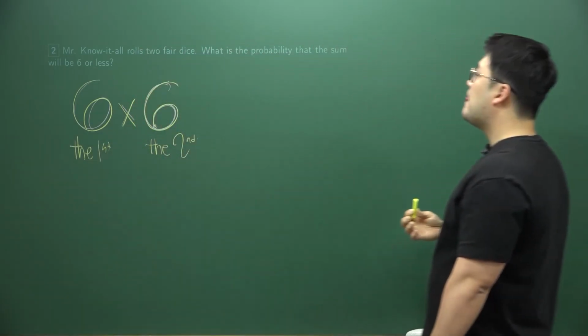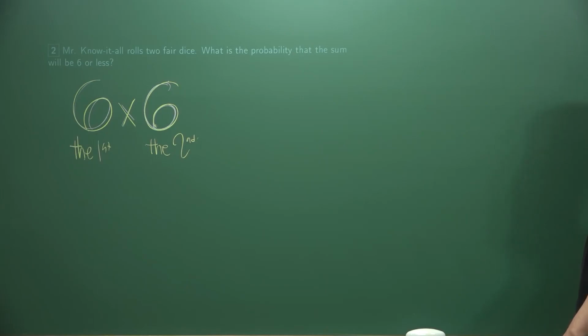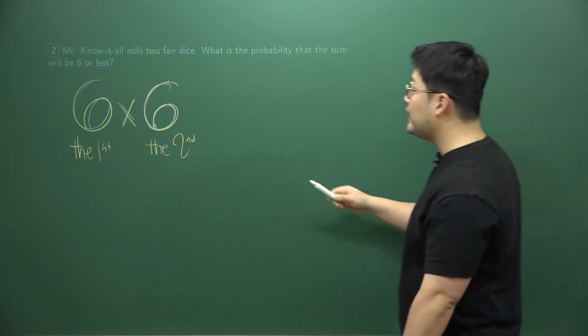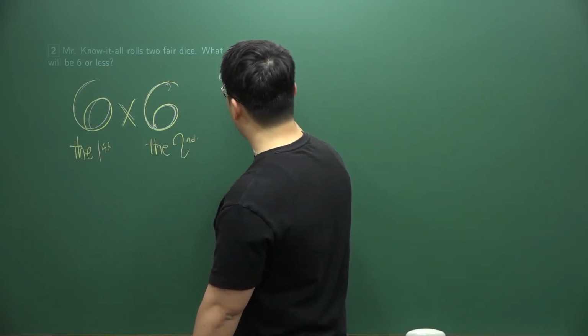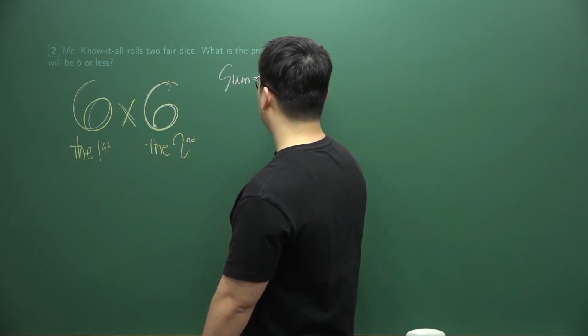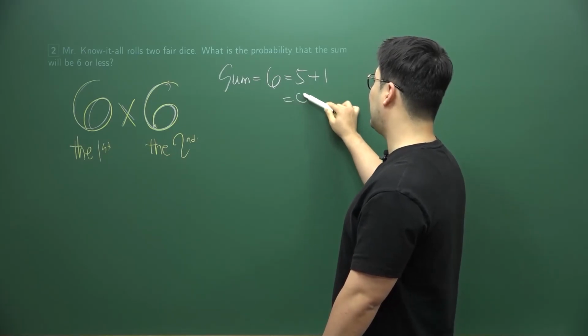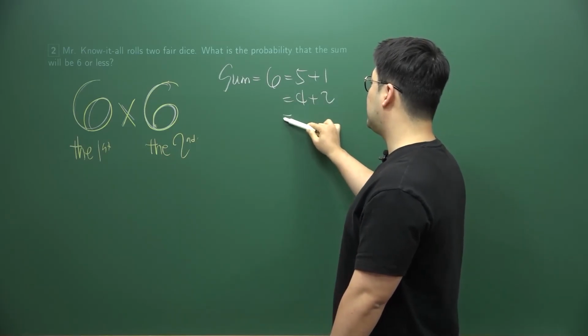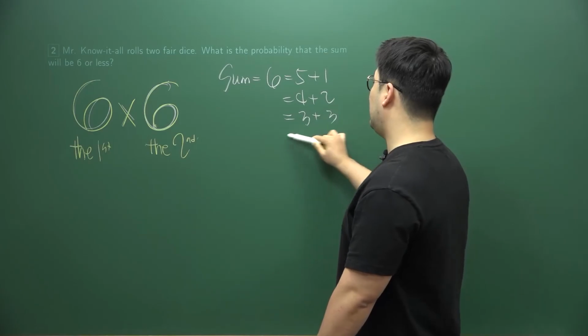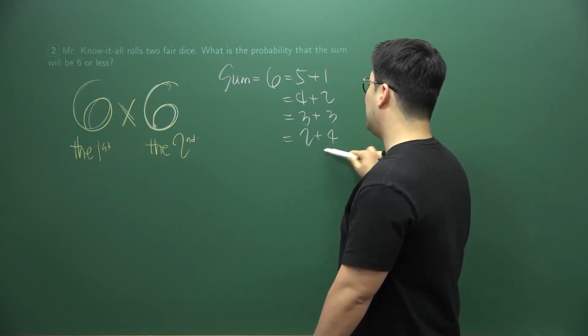Right. I wanted the sum of the numbers to be 6 or less. So what if my sum equals 6? Then can it be something like 5 and 1? Can it be something like 4 and 2? And can it be something like 3 and 3? Can it be something like 2 and 4? Can it be something like 1?